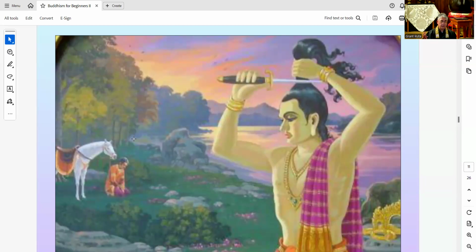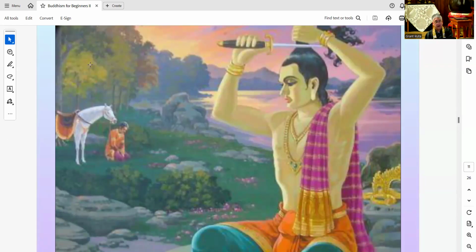But if it remains in the heavens, then he will not rest until he finds enlightenment. And it is said that the hair remains suspended in the air. Again, another legend. But that was his renunciation. And there you can see in the background is his trusty horse and his servant. And he bids them farewell and sends them back to the royal palace.